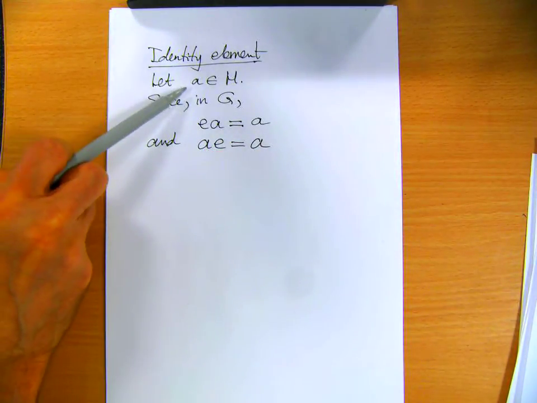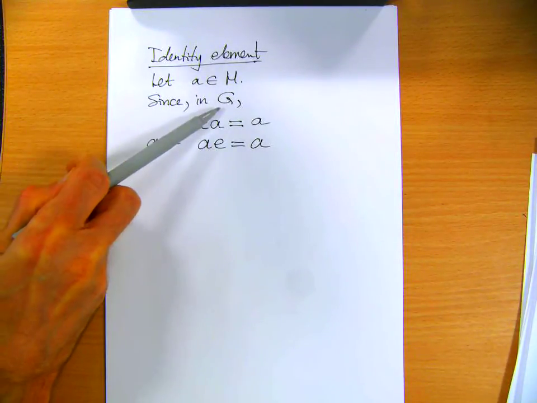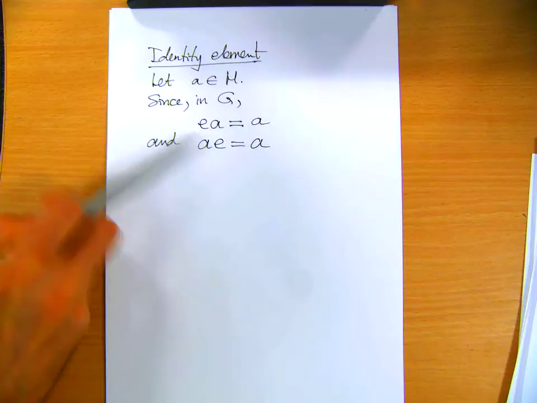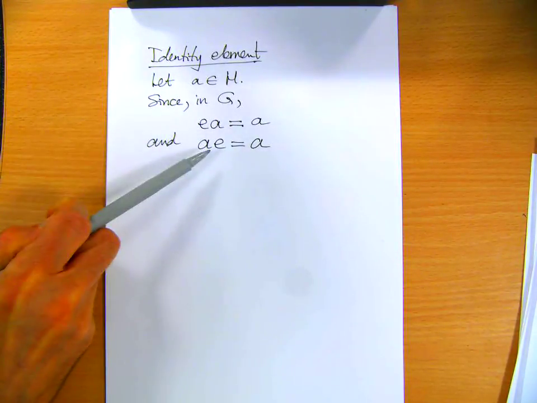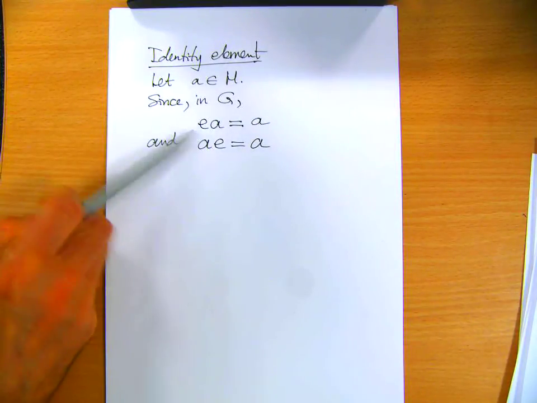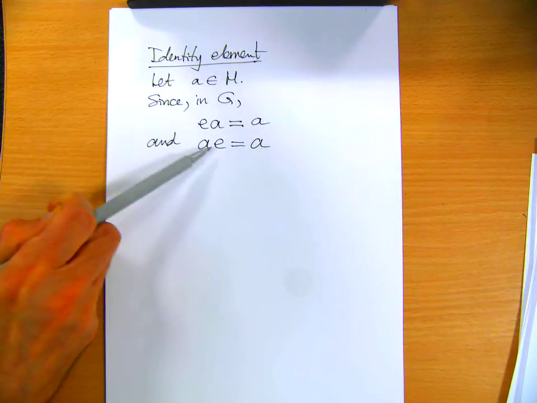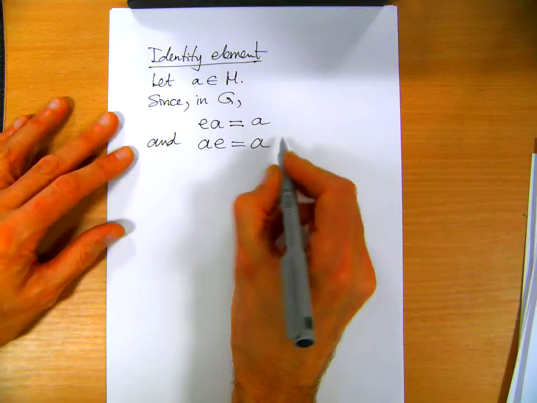So we started off with little a an element of big H, but it's also an element of big G, and in big G the identity element does this job. But now we can just say, well, since E is an element of big H, that was condition 2.